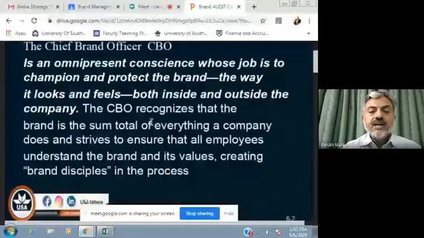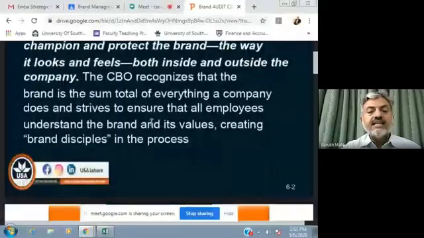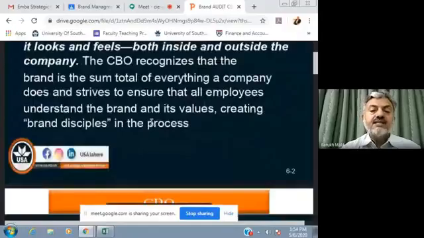The chief brand officer recognizes that the brand is the sum total of everything a company does, and strives to ensure that all the employees understand the brand and its value, creating brand disciplines in the process.